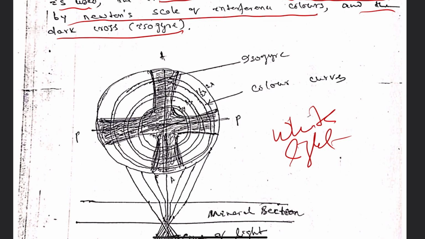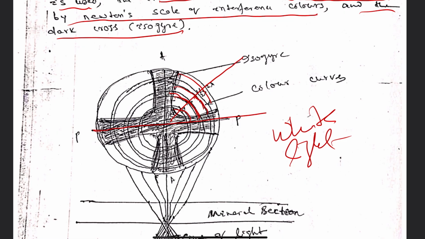So we have the colored rings. These are the colored rings as shown by the Newton scale of interference colors, and this is the maximum brightness line. As we move from this 45 degree line to the sides, the brightness gradually diminishes.